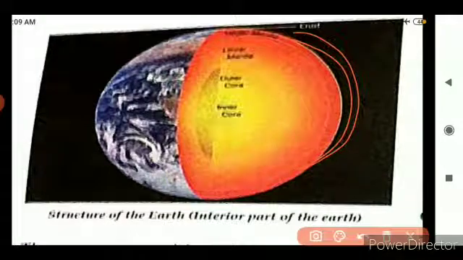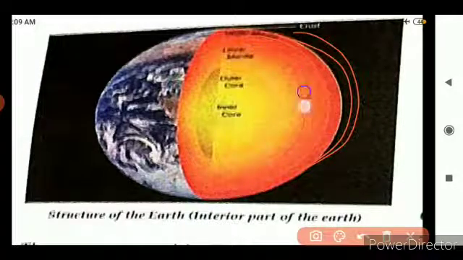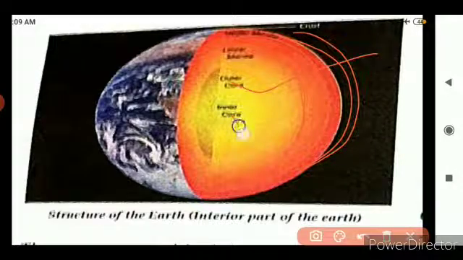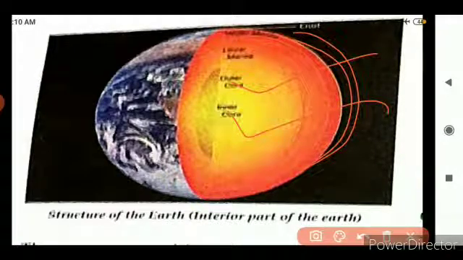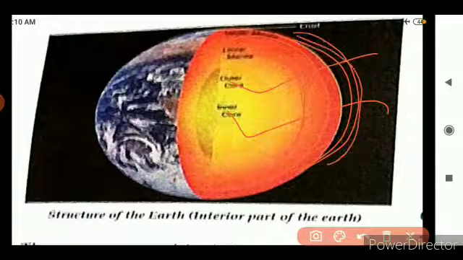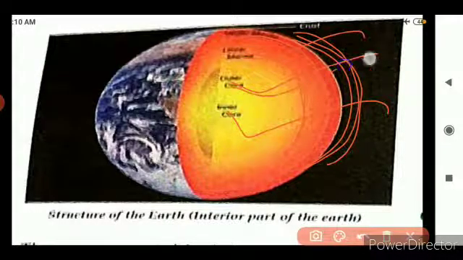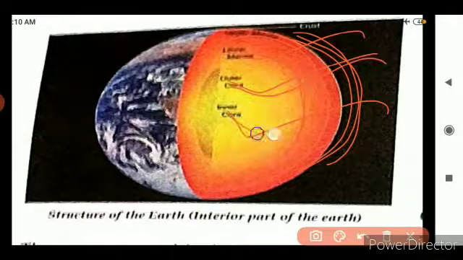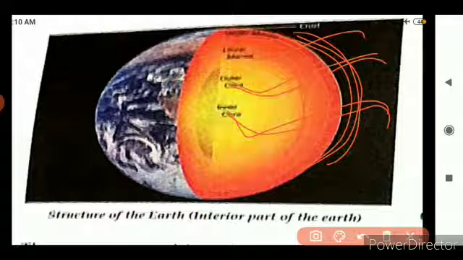And next to that is the lower mantle. And this one is the outer core, and this one is the inner core.